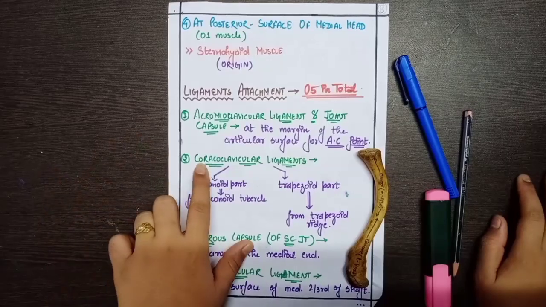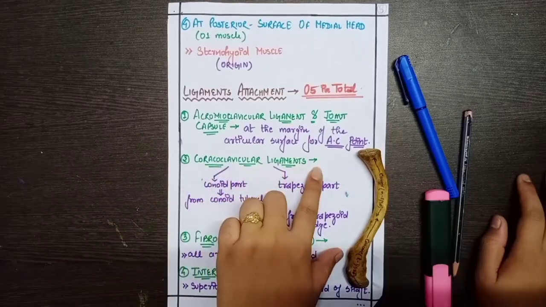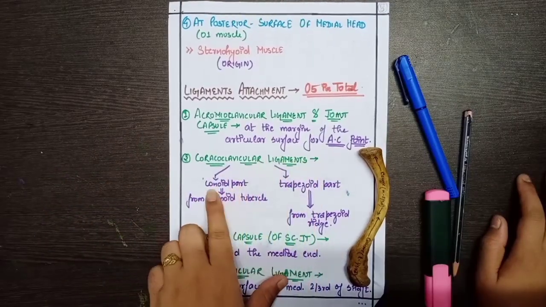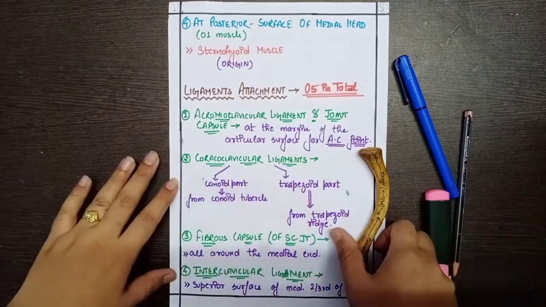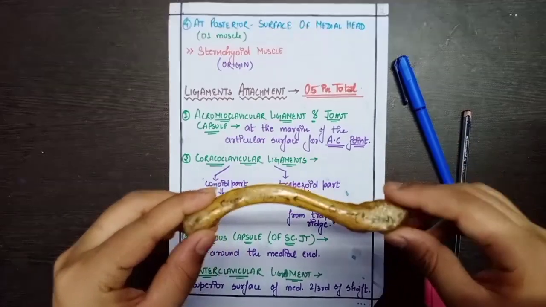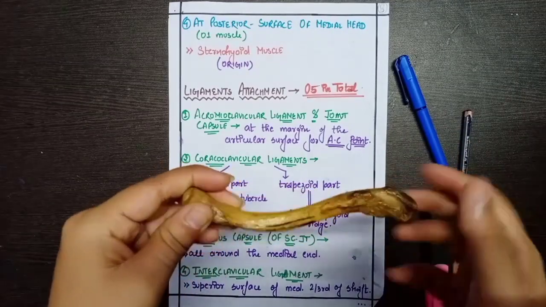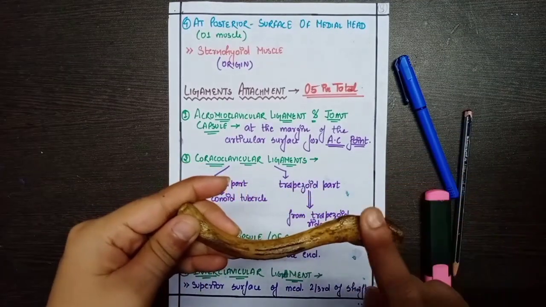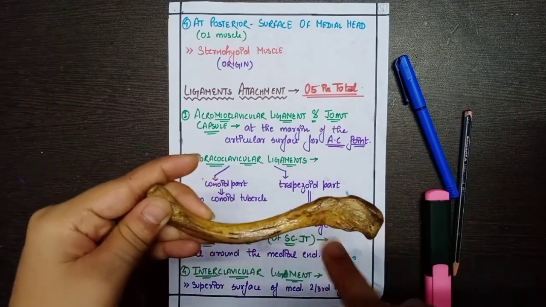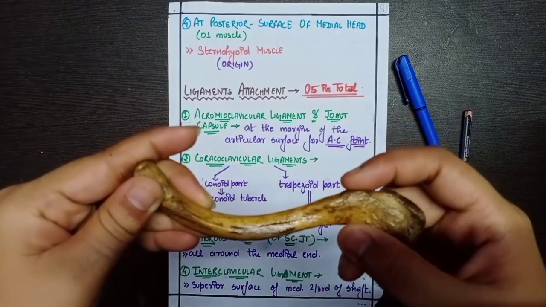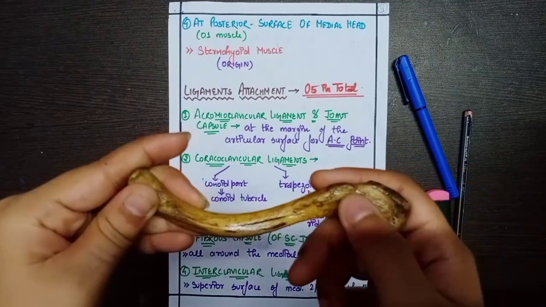Then the second one is your coracoclavicular ligament. Okay, it has two parts, a conoid part and a trapezoid part. By the name itself, you would have found out that it is present inferiorly, right? In the inferior surface of your lateral shaft, you have two features I told you. One is your conoid tubercle and one is your trapezoid ridge, right?